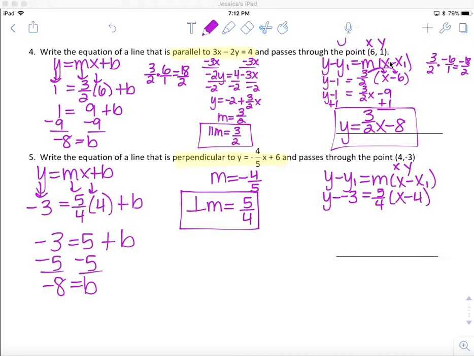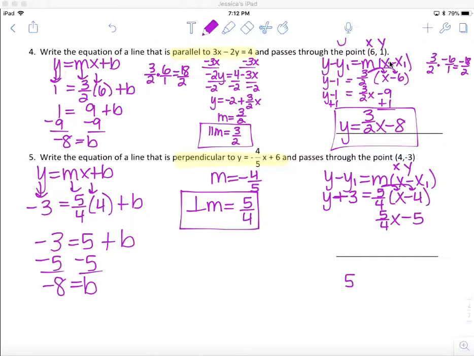If you prefer point slope form, then y minus negative 3 equals 5 over 4 times x minus 4. Be careful, minus negative 3 is the same thing as y plus 3. 5 over 4 times x is just 5 over 4x. 5 over 4 times negative 4 is just negative 5. Those 4's cancel out.